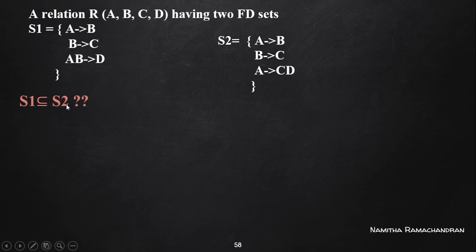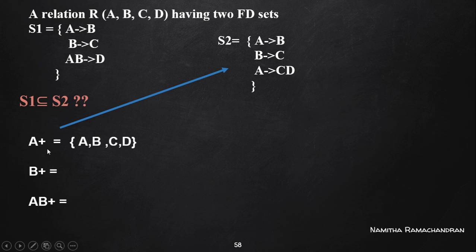So step 1 is to find the closure of the subset attributes, the LHS part of S1, with respect to the dependencies listed in our superset S2. Okay, so what are the LHS parts of S1? A, B and AB. So find the A closure, B closure and AB closure with respect to the superset dependencies.